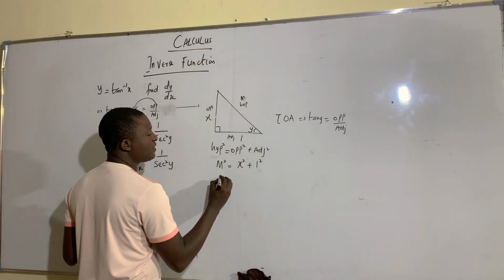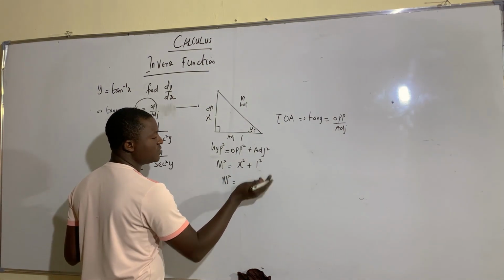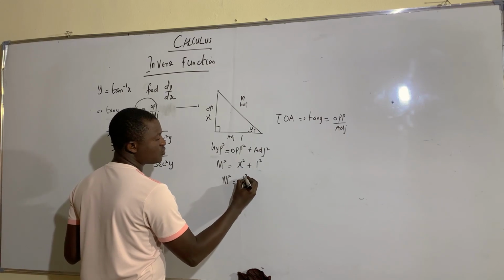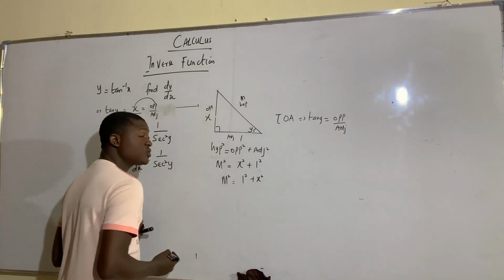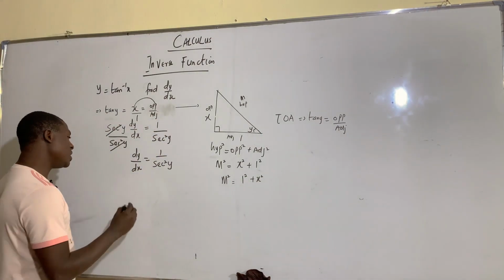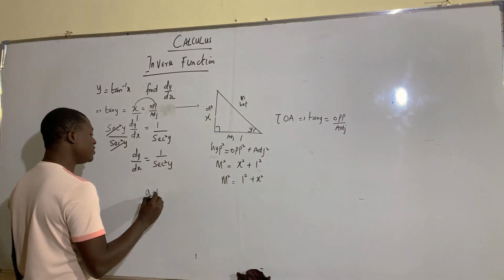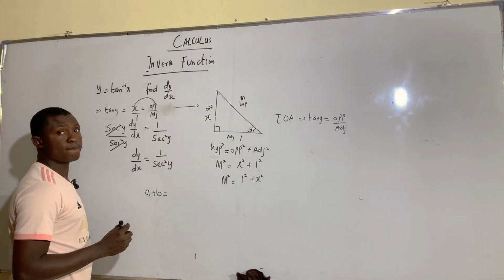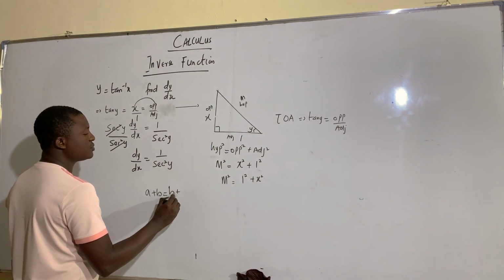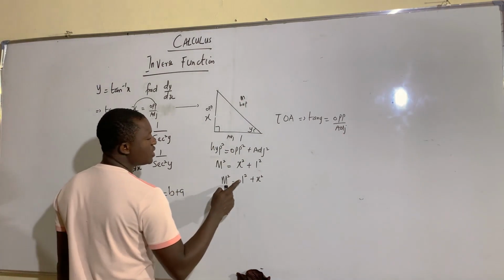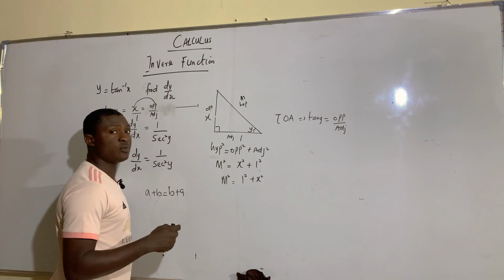Now, to make it more meaningful, I can still write this as 1 squared plus x squared. Just like I told you, a plus b is nothing but b plus a; it's commutative. Now 1 squared is nothing but 1 times 1.